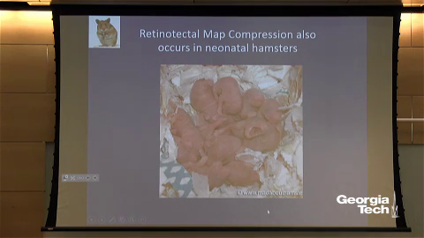But they're very immature. It only takes about 15.5 days to make a hamster. So that's a lot faster than most other animals, most other mammals. And so the idea is that we can get access to very early developmental stages compared to what we could do in other animals like cats and primates, which were the model systems of the day in looking at the visual system.